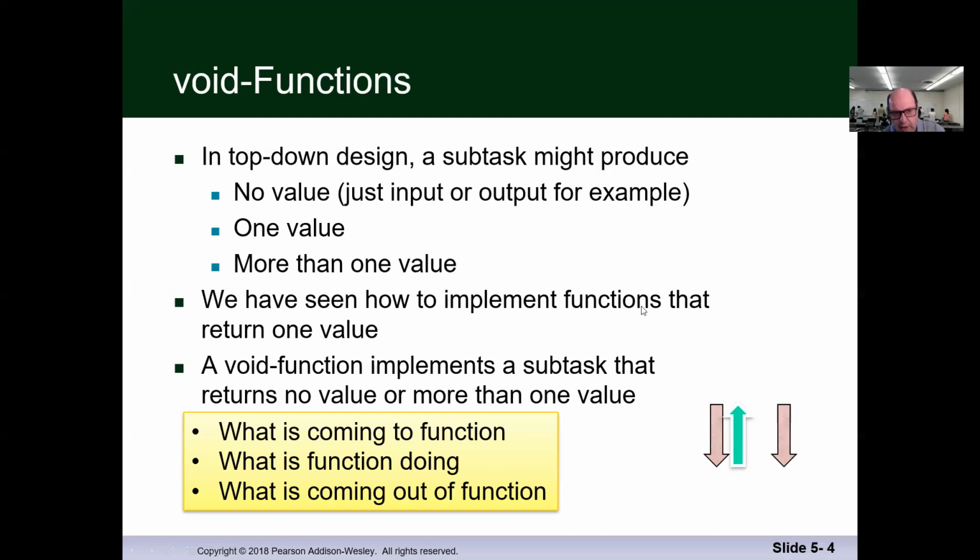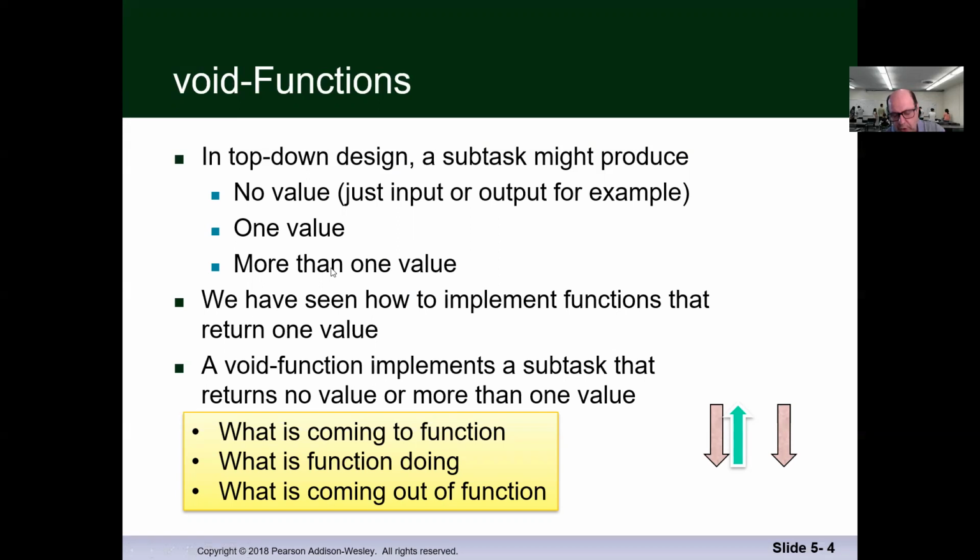If I have a function that's going to return one value, I can return it through the parameter, which we talk about in the next section, or I can return it as a function return value, as we worked on in chapter 4.